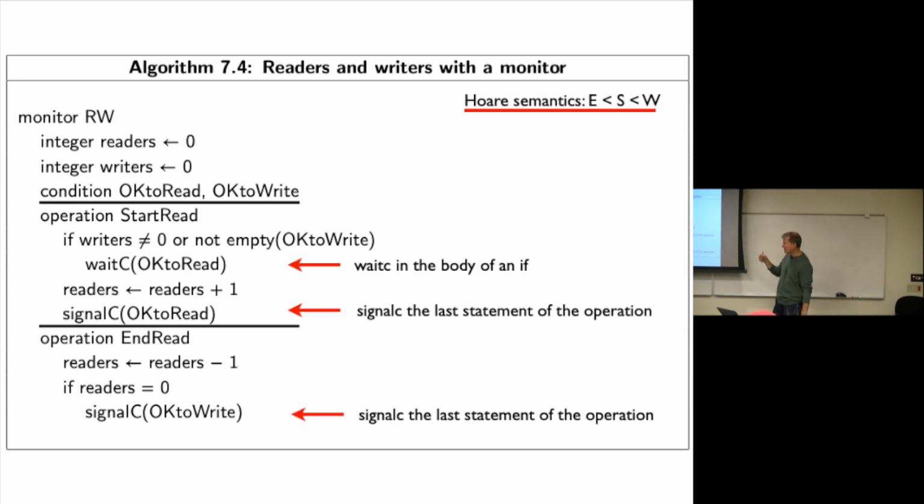But we have to take into account the fact that a writer might be wanting to get in. So if readers equals 0 after we subtract 1, we signal C okay to write, because that's the last reader to leave. And if that's the last reader, we better do a signal C okay to write in case there's a writer who is blocked on getting in.